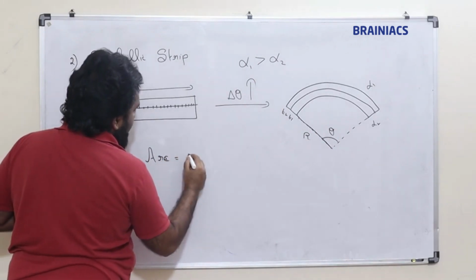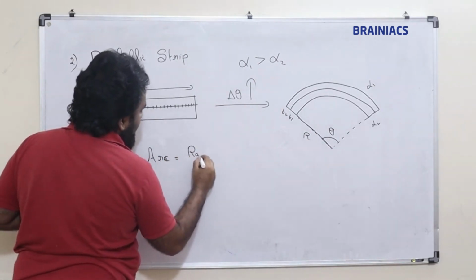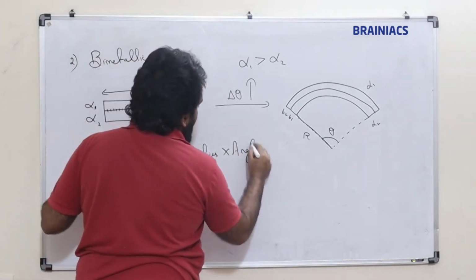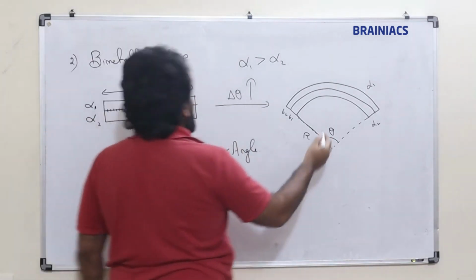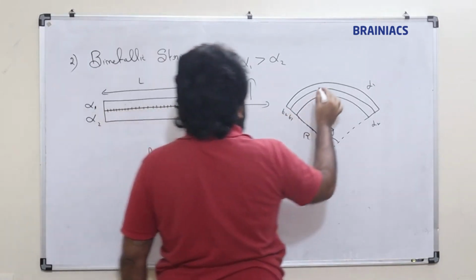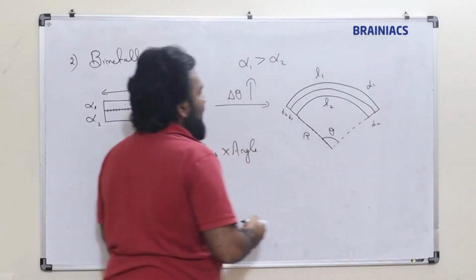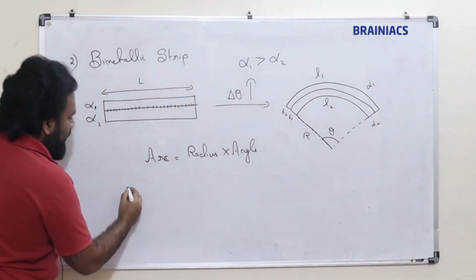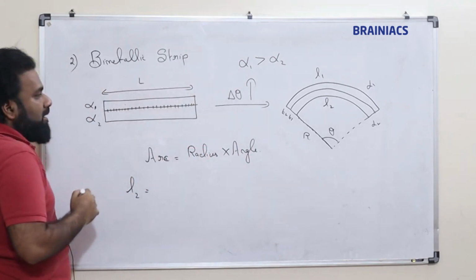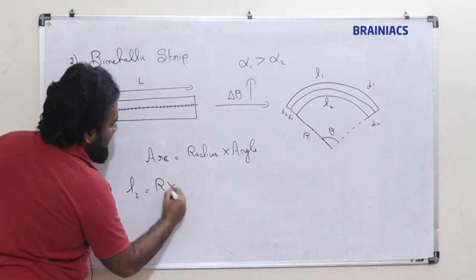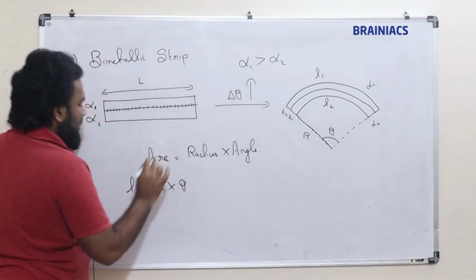We know arc is equal to what? Radius into angle. Suppose this length is L, this is L1 and this is L2. If they ask L2, L2 is nothing but radius into this angle, no worries.